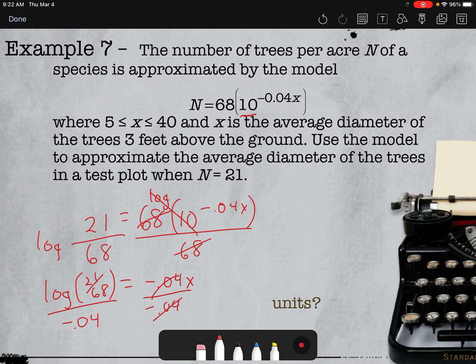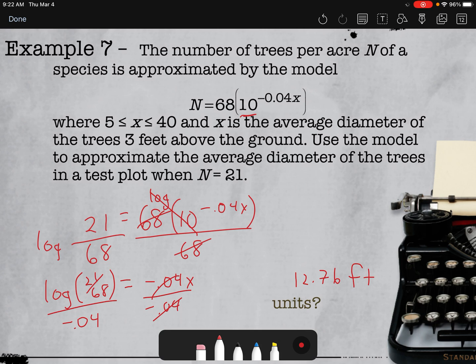So log of 21 divided by 68, divided by negative 0.04. On average, I got 12.76. Now what's the units? Trees per acre, feet. 12.76 feet.